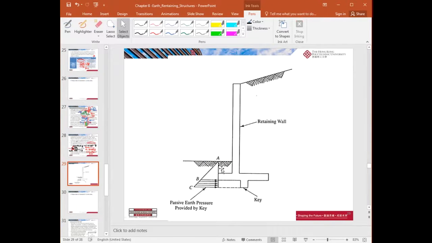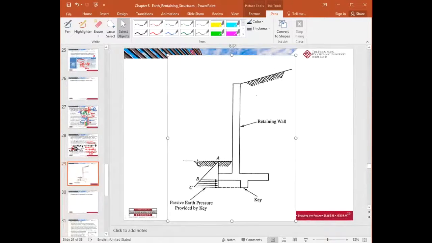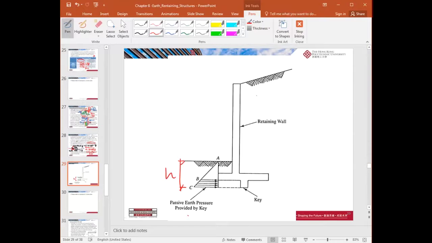Now, what about the passive earth pressure due to the shear key? Well, it's not that difficult. If that is small h, what is the pressure here? And you know the pressure coefficient for the passive state. So Kp gamma h is the pressure here. Now, what's the total force there?